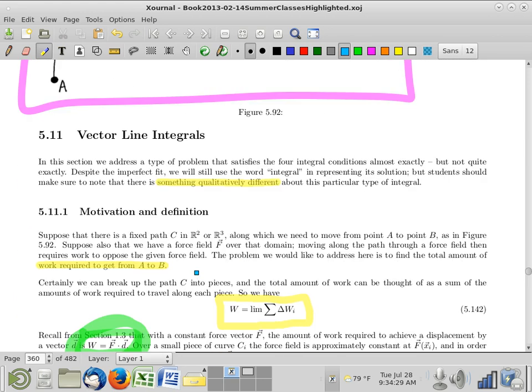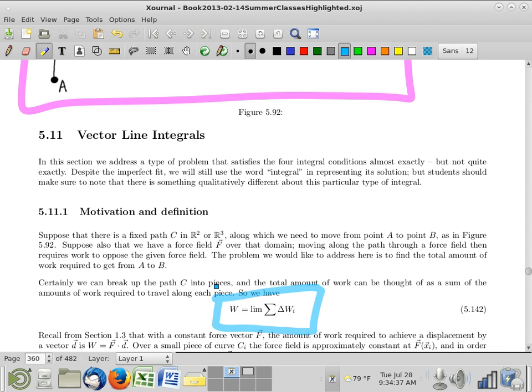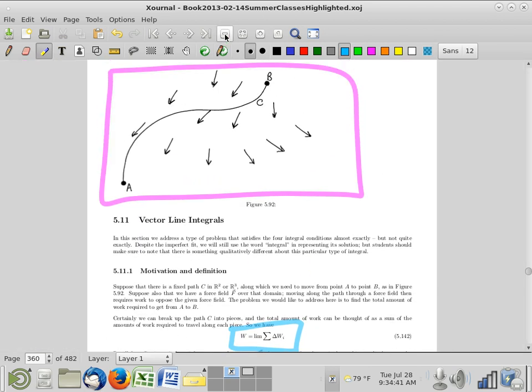So here's the idea. We're going to acknowledge that work is something that accumulates along this curve. I guess I'll zoom out one notch. So the grand total amount of work that it takes to start there and end there is the sum of the amounts of work that it takes to move along each little piece of that path. So again, it's an accumulating quantity.